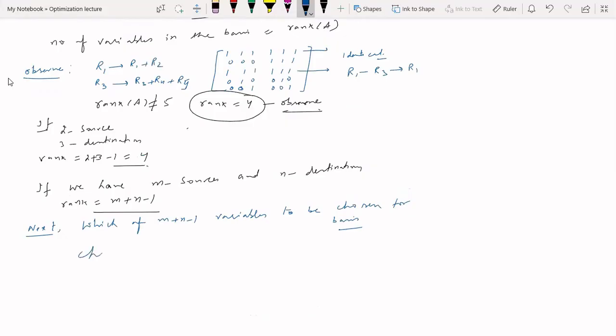Check that A11 minus A12 plus A22 minus A21 is equal to what?